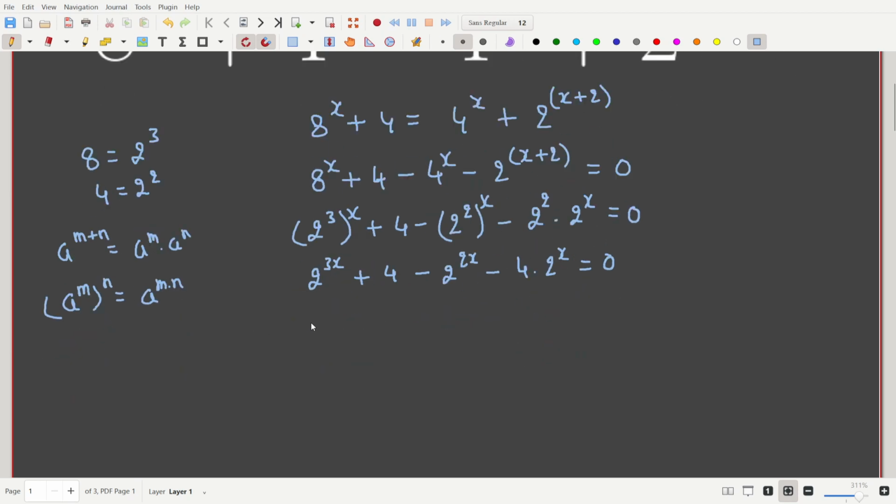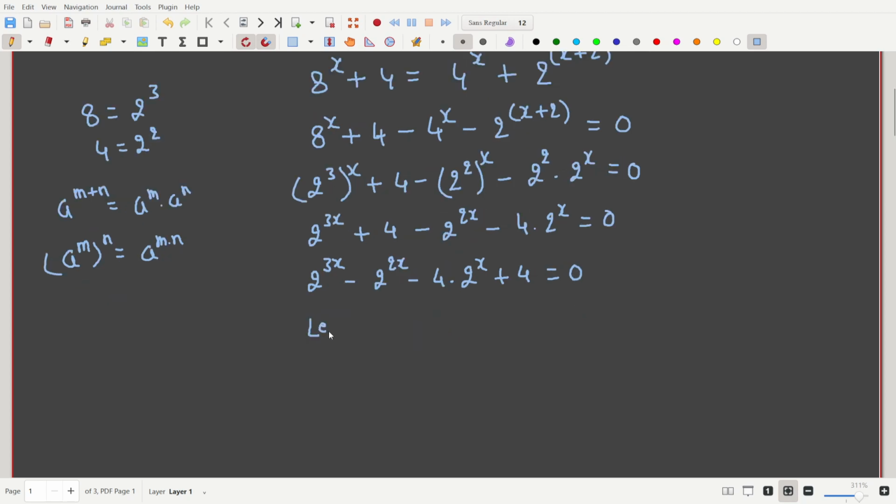So let's rearrange the terms. We get 2 raised to the power 3x minus 2 raised to the power 2x minus 4 into 2 raised to the power x plus 4 is equal to 0.